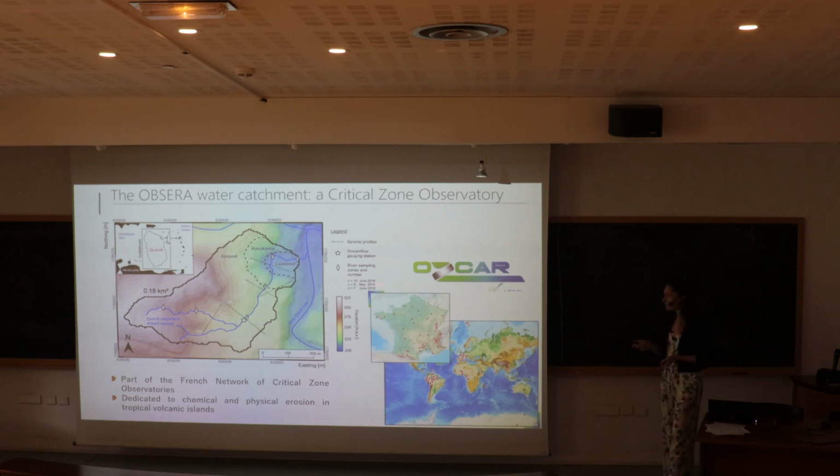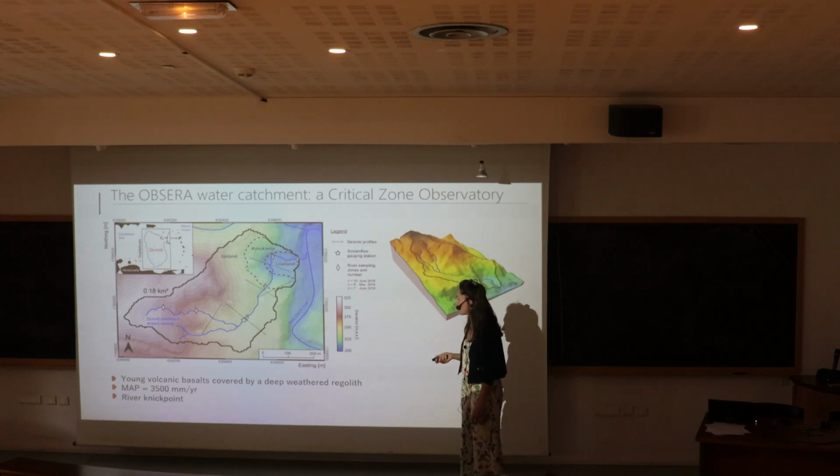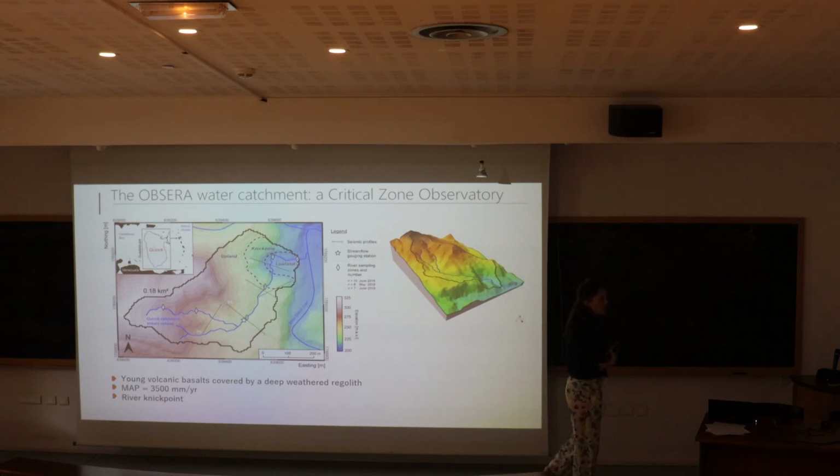This site is dedicated to the chemical and physical erosion in tropical volcanic islands, because Guadeloupe is a volcanic island. The reason why we wanted to ask that question on this study site is because there is somehow a paradox when we go to Guadeloupe: these tropical islands are the places where the weathering rates are the highest.